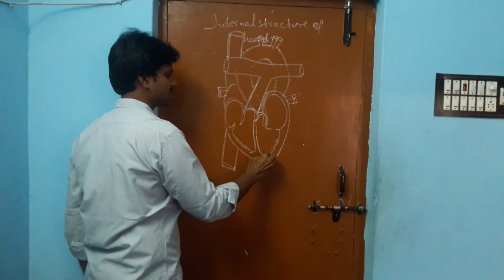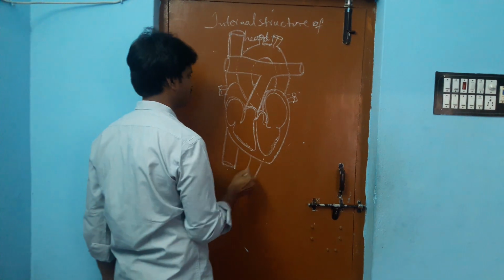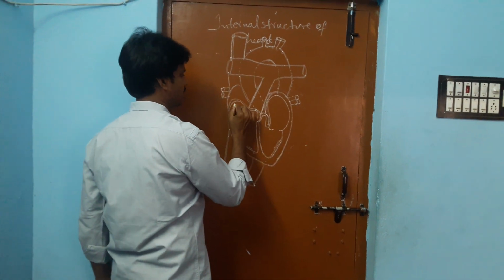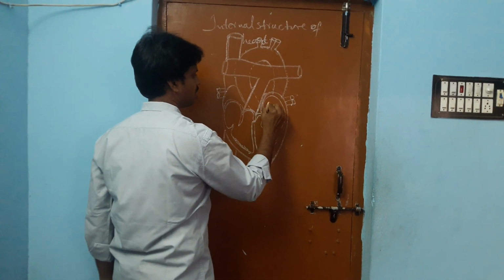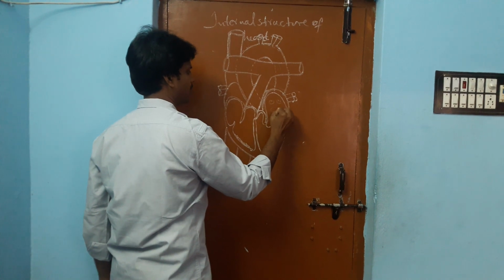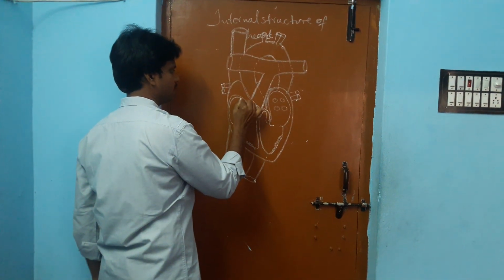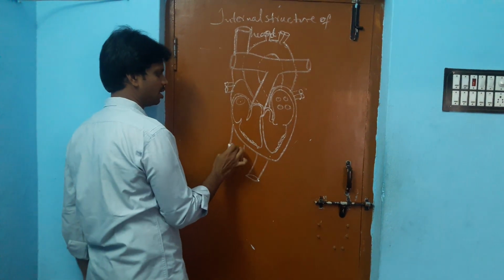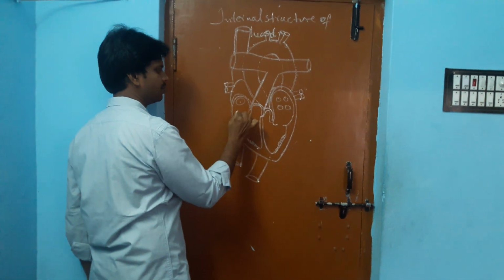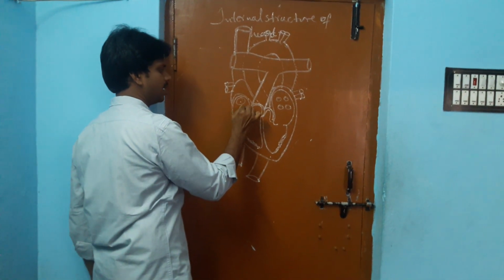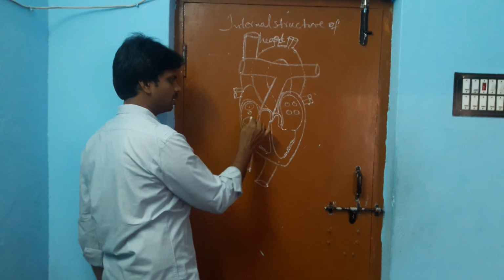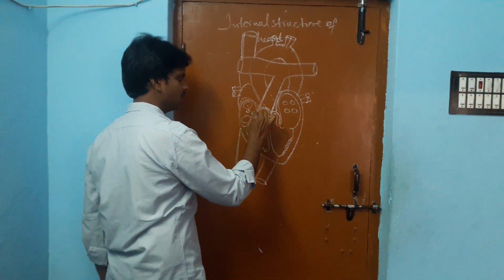You can see some ridges present on the inner surface of the ventricles, and these are the openings of 4 pulmonary veins, and this is the opening of superior vena cava, and this is the opening of inferior vena cava, and there is an SA node and there is an AV node.